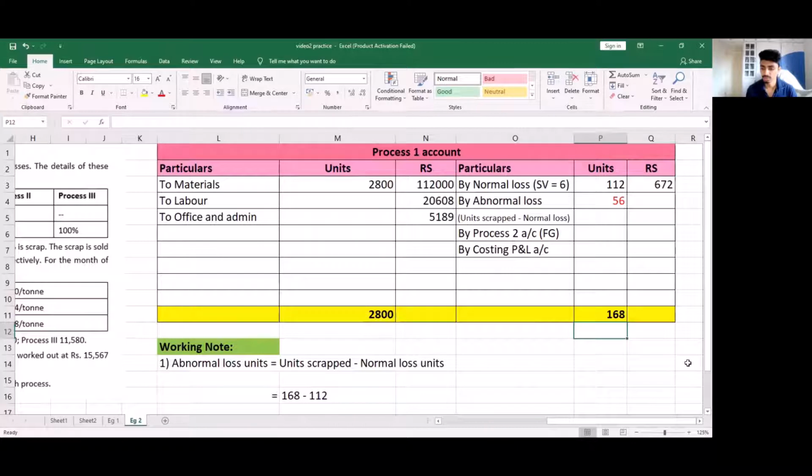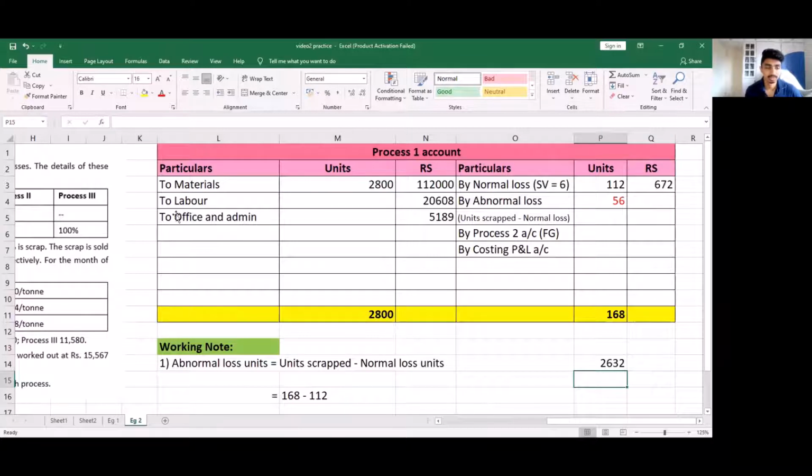So now our difference, I'm going to show you on the side, is 2800 minus 168, which gives us 2632. So 2632 has to be divided between transfer to next process and move to warehouse for sales.